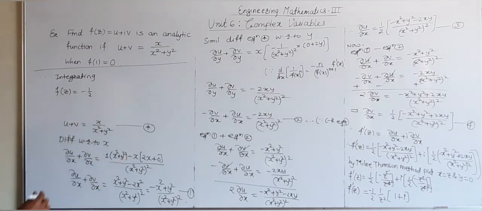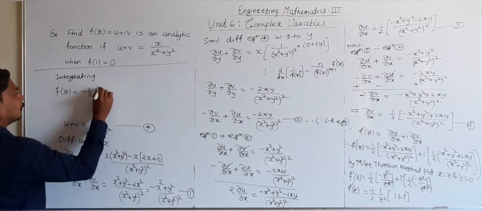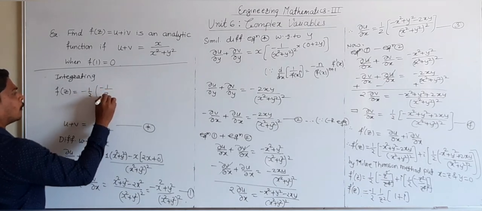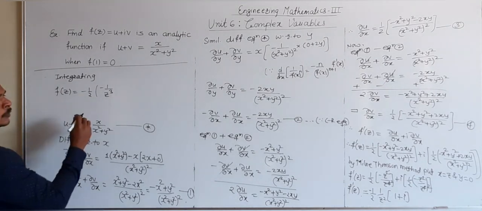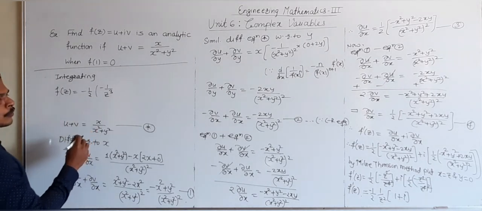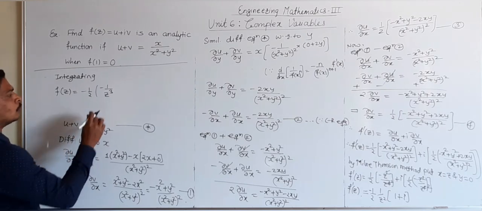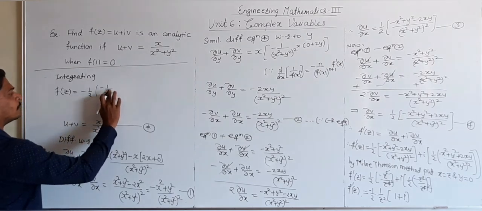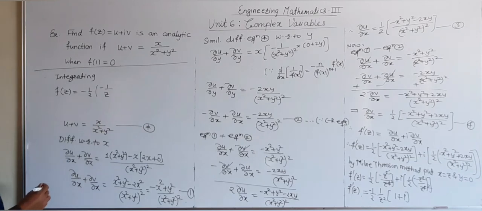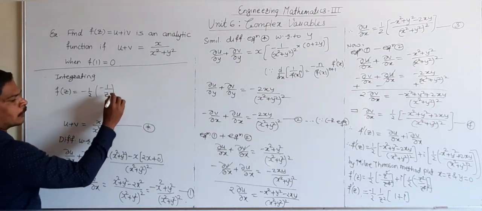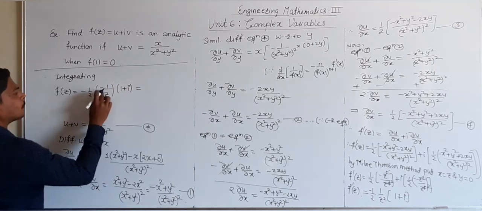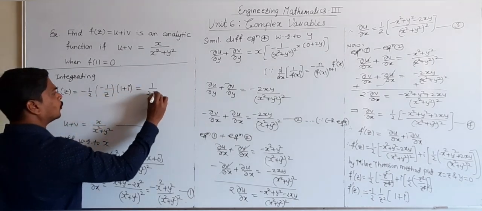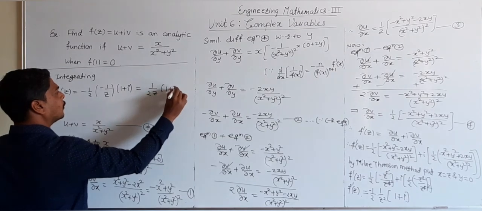Integration of 1/z² becomes -1/z. So minus 2 minus 1 is here. So plus -1/z into this constant (1 + i) as it is. So finally we get this minus into minus, plus 1/(2z) × (1 + i).